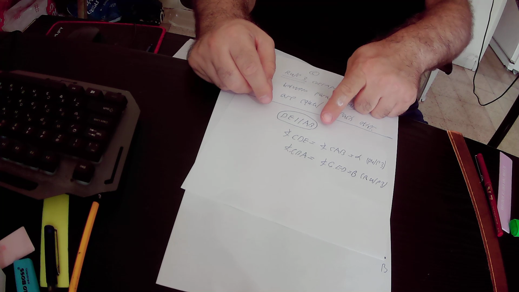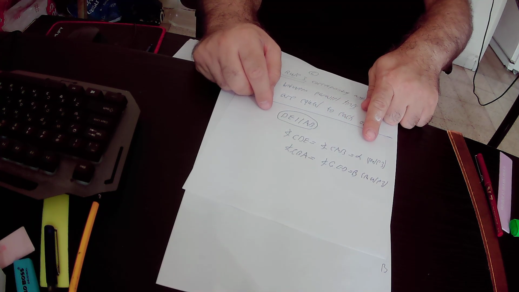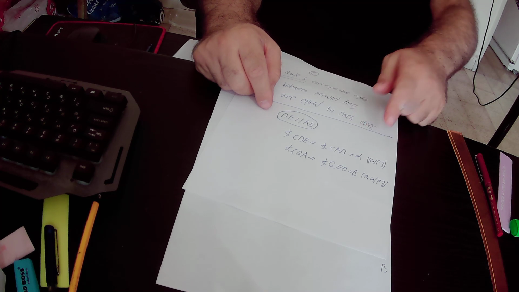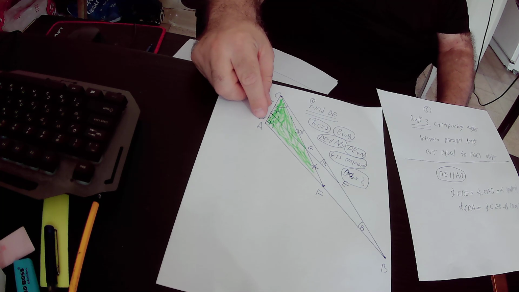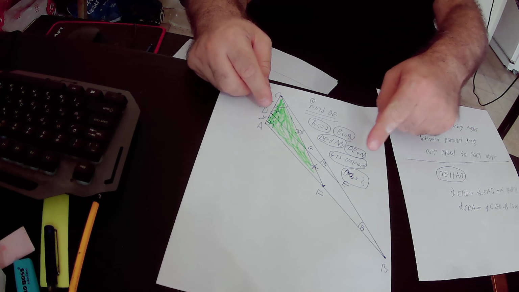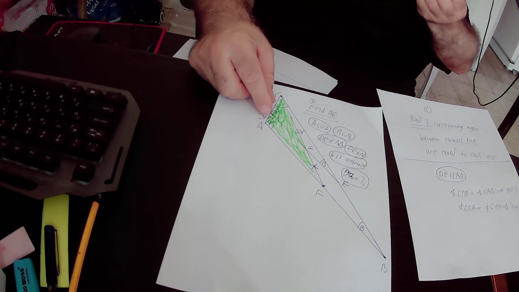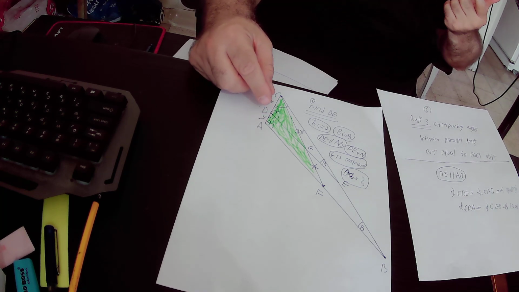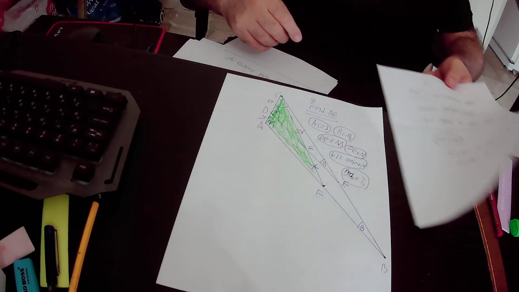So angle CDE equals angle CAB equals alpha according to rule number 3, because those two angles are located between the parallel lines DE and AB.